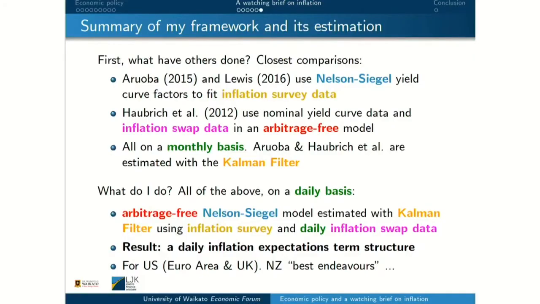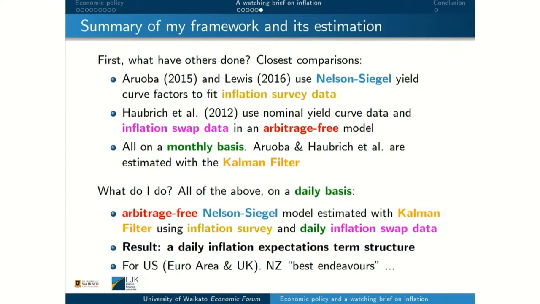So the summary of my framework and its estimation, it all became very colourful. I colour-coded what other people had previously done, and then how I had done everything and put it all together, with the green part saying that I had done it on a daily basis. That means it's handier because we can track it more frequently if we need to.